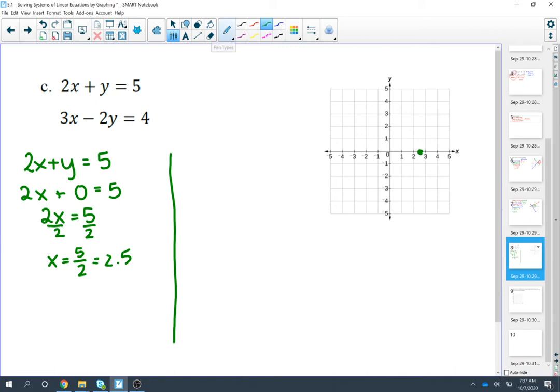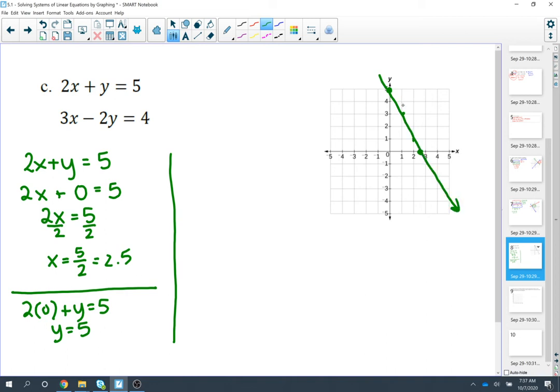Then if I want to find the y-intercept, I would substitute a 0 in for x. So 2 times 0 plus y equals 5. 2 times 0 is 0, so y equals 5, which is going to look something like that. Then I'm going to try to connect this as best I can. And there's our line.